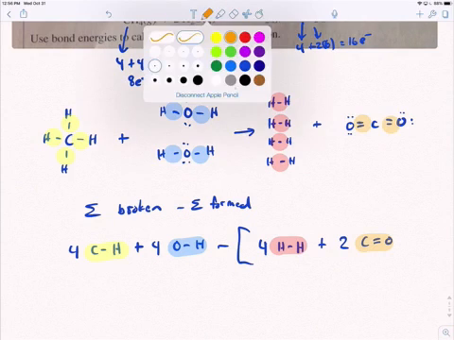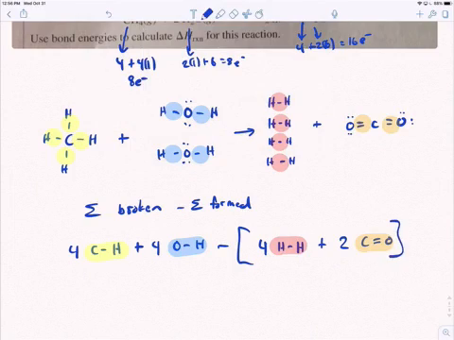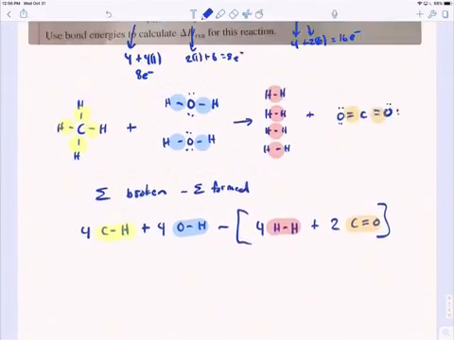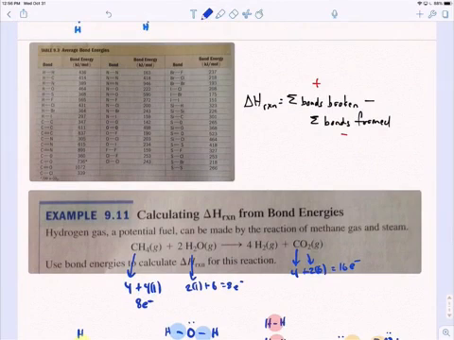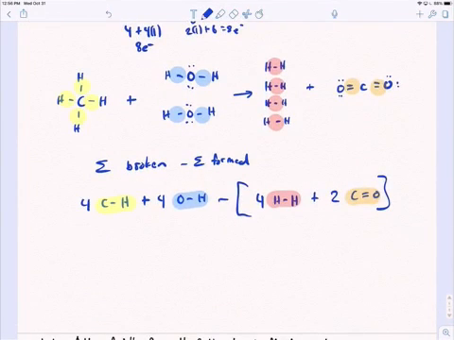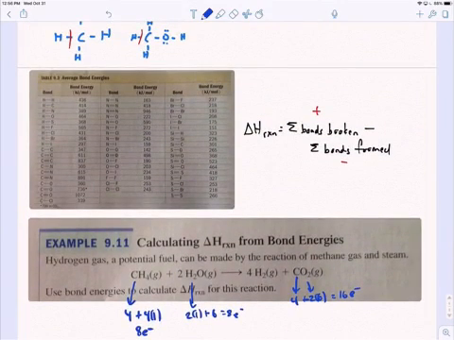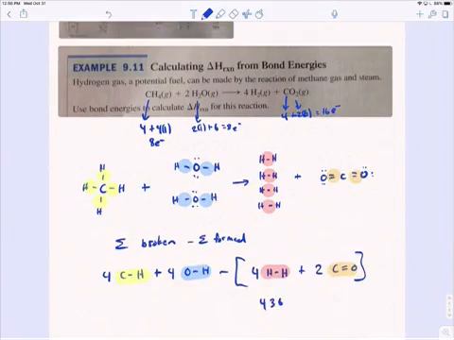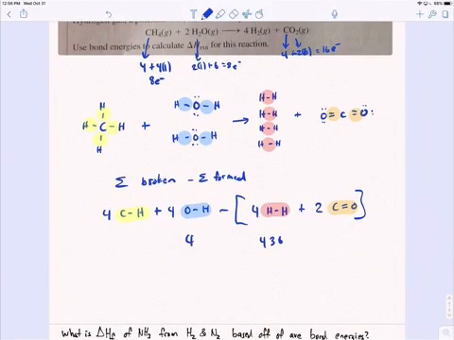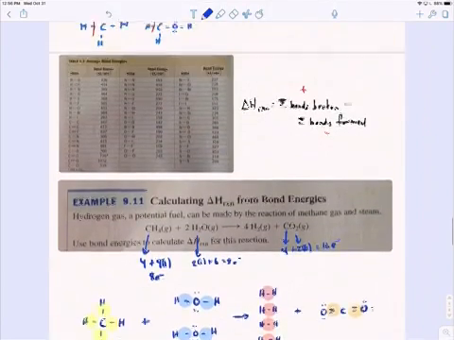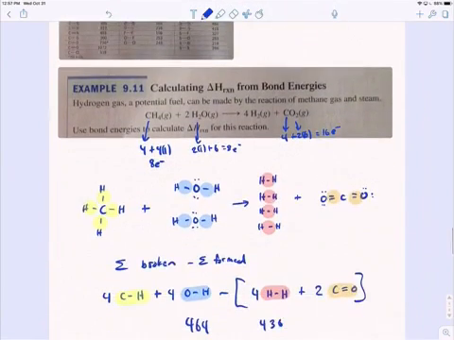Now we just have to go to the chart and get that. So hydrogen-hydrogen is 436. What is oxygen-hydrogen? 464. What is carbon-hydrogen? 414.